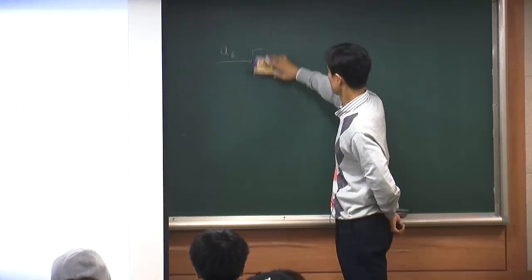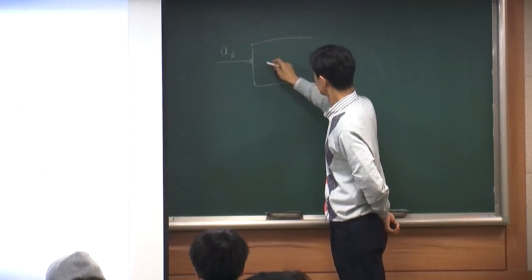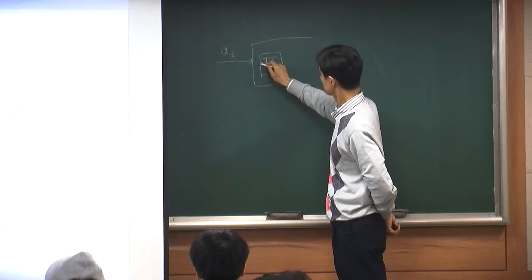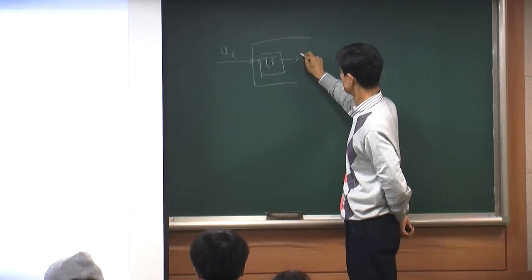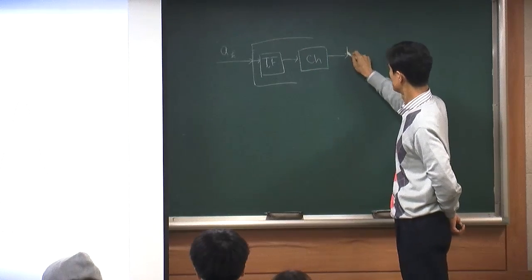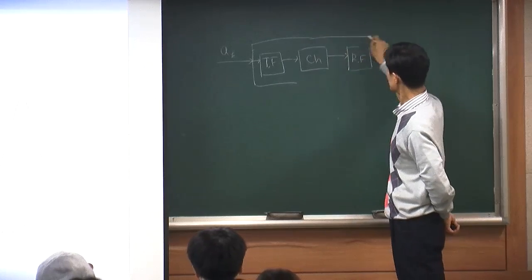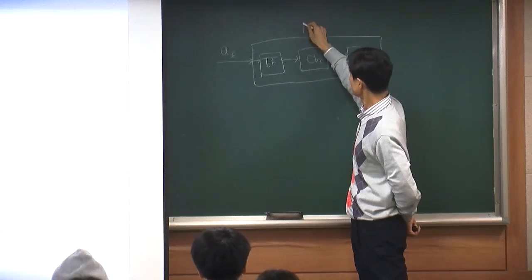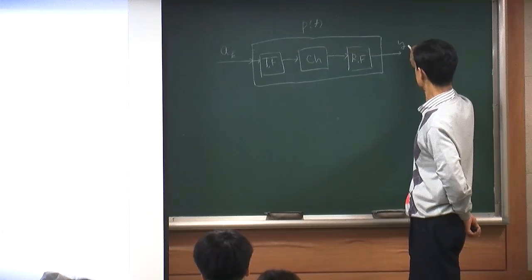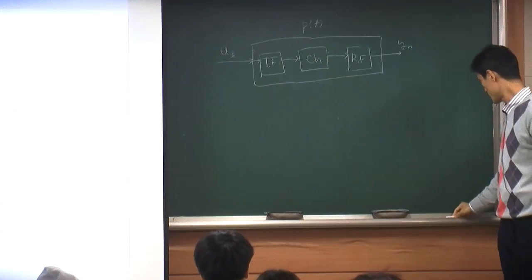Maybe you can make it a little bit more clear. We have a transmit filter, channel, receive filter. This whole thing is a pt. Now we have output. Let's call this ym. Okay? So that's what we said, right?